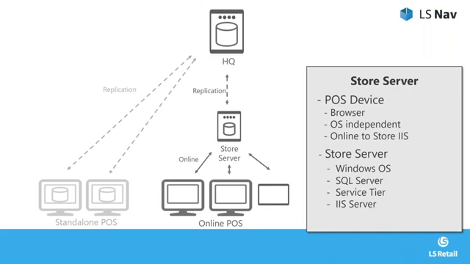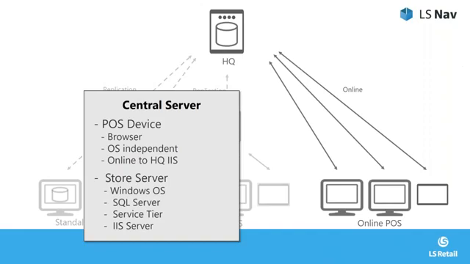So these are two scenarios where you can use the web POS to use older hardware, or give you the ability to add new technology hardware, which gives you more interaction or more flexibility than the old one.